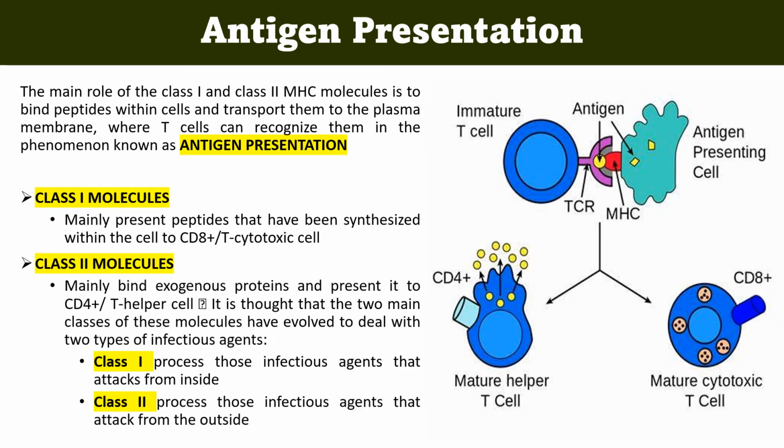Class 2 molecules mainly bind to exogenous proteins and present them to the CD4 plus or T helper cell. It is thought that the two main classes of these molecules have evolved to deal with two types of infectious agent. Class 1 processes those infectious agents that attack from inside, and class 2 processes those infectious agents that attack from the outside.